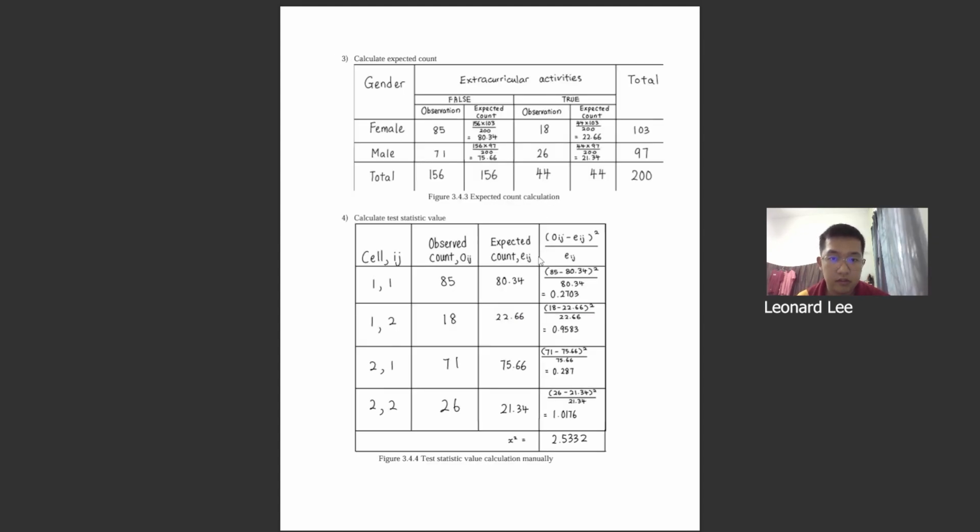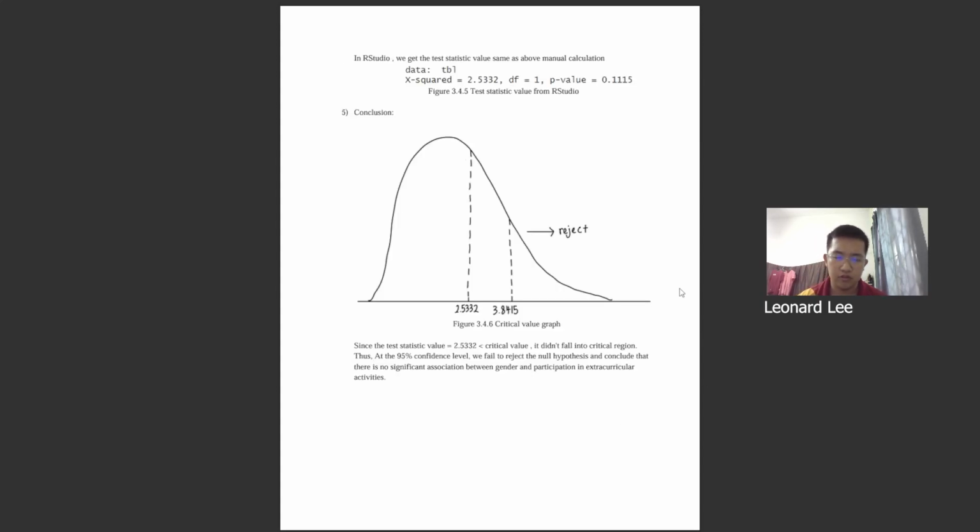In figure 3.4.3, that is the expected count calculation. And figure 3.4.4 is the test statistic value calculation done manually. This is the result of it, and the test statistic value we get is 2.5332. If we use RStudio, the test statistic value is the same as the manual calculation.